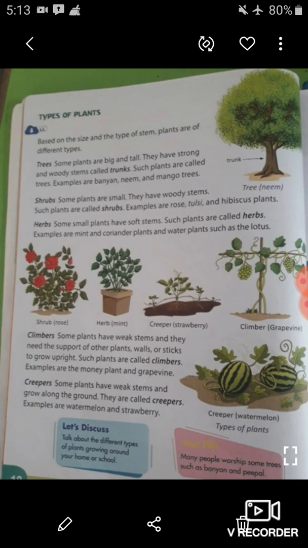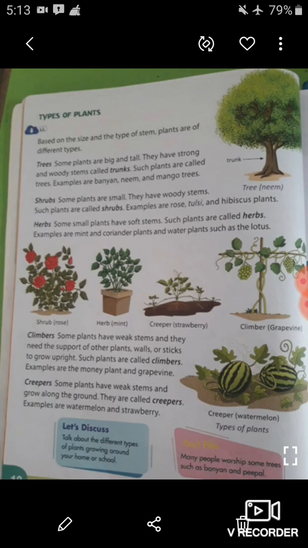Now let's come to the next type of plant, that is herbs. Some plants have soft stems, such plants are called herbs. Examples are mint and coriander plants, and water plants such as the lotus.